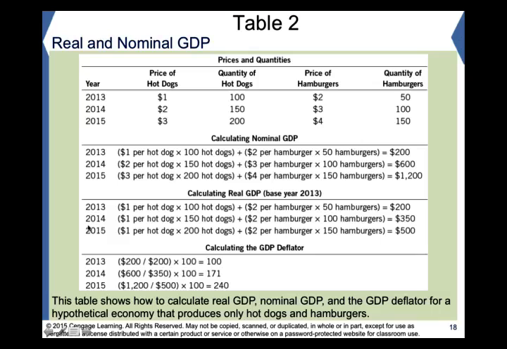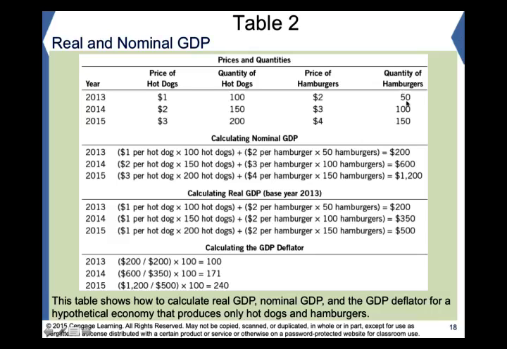Now, if you want to calculate the real GDP for 2014, what you do is you take the prices of the base year, which is 2013, and you know what were those prices. For 2013, the price of hot dog was $1 and the price of hamburger was 2. But you take the quantity of that particular year. So the quantity for hot dogs in 2014 was 150.